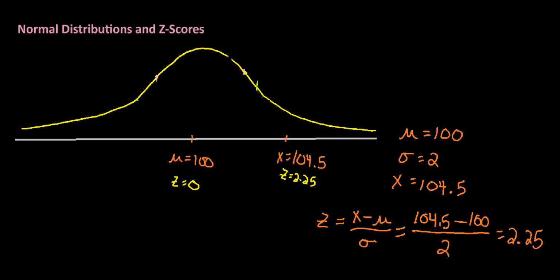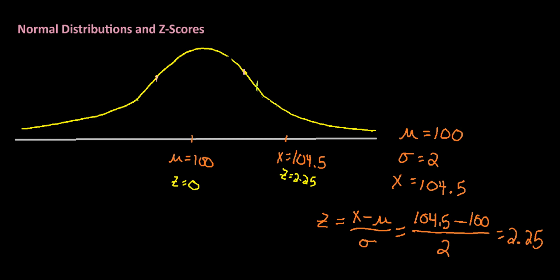Okay, so I cleaned up our page a little bit and coming back to look at what we have, suppose I'm measuring candy bars and the average weight of a candy bar is 100 grams. And I go and I find a candy bar that is 104.5 grams. And I say, ooh, that is 2.25 standard deviations above the mean.